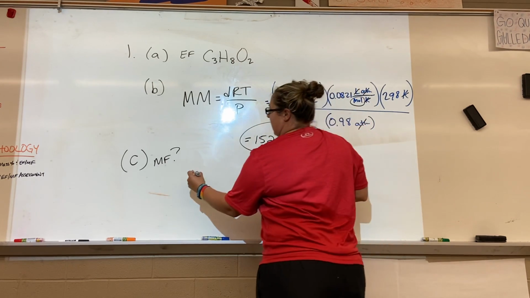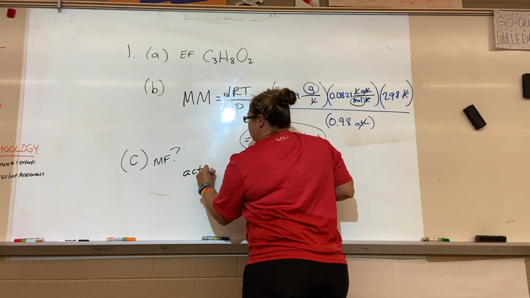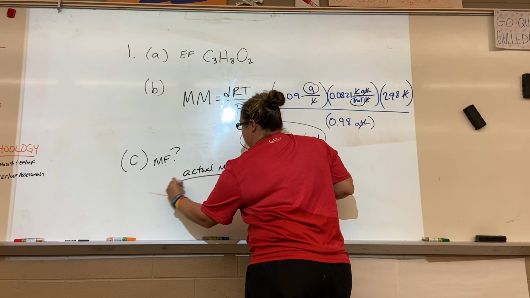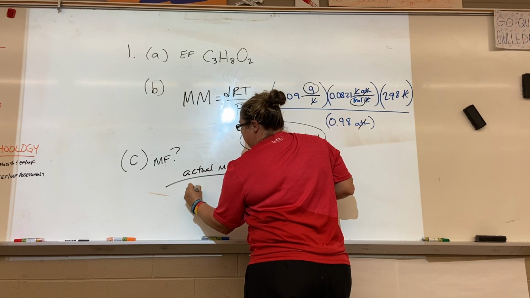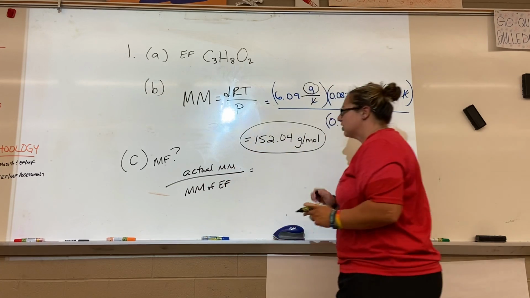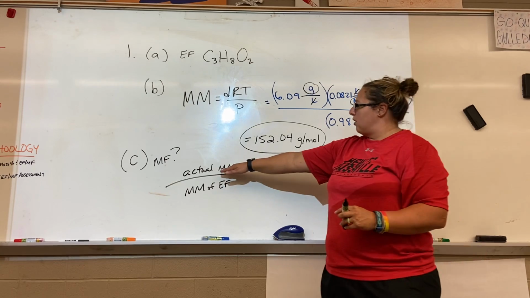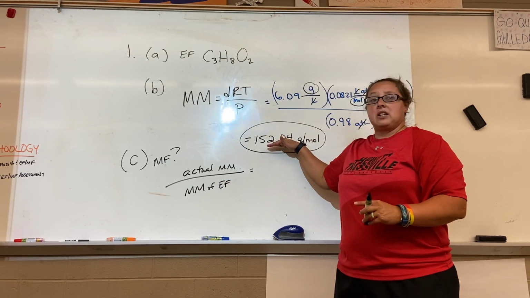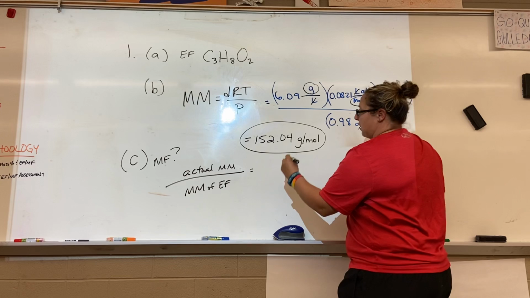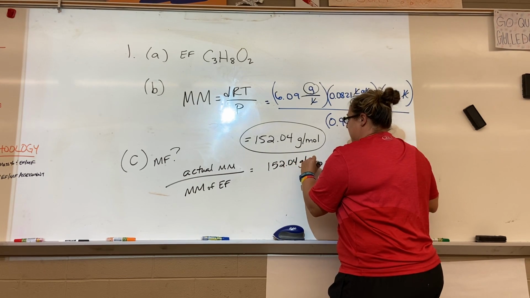All right, so here's how we calculate that number we distribute through. It is the actual molar mass divided by the molar mass of the empirical formula. So let's look at those two things. The actual molar mass is what we calculated in part B. So we're going to plug that in, 152.04 grams per mole.